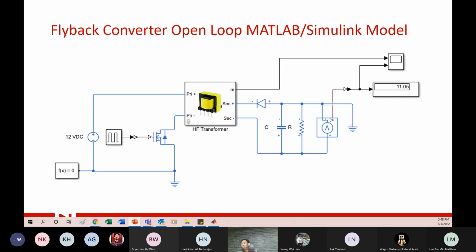If you want to remove that, it will become positive. So we will take the output across the capacitor and the resistor as a load. This is no feedback yet. You just simply control this one, and then you will have your output. I think the calculation will give me 11. You need to do adjustment.